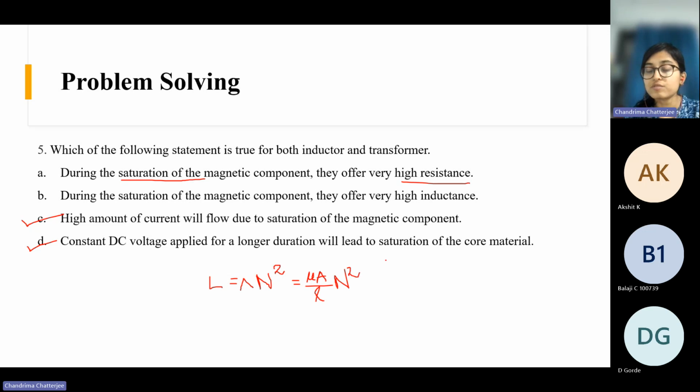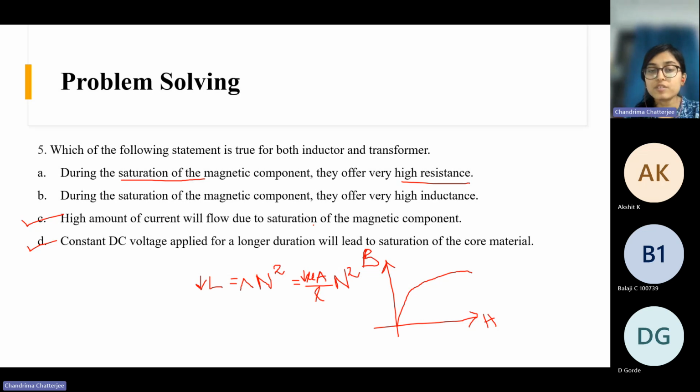During saturation, if we see the BH curve, the slope reduces. If the slope reduces, that means μ also reduces, because B is μH. So if μ reduces, then obviously your inductance value will also reduce. So during saturation, inductance value is not high, it becomes low.